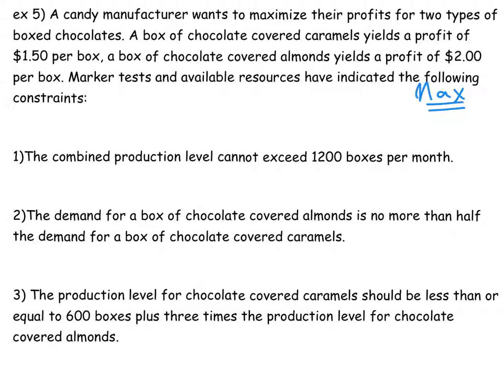Now before I get to my constraints, I'm going to do 2 things here. And I don't think I emphasized this enough, right? That we need to define our variables. I'm a little short on space there.